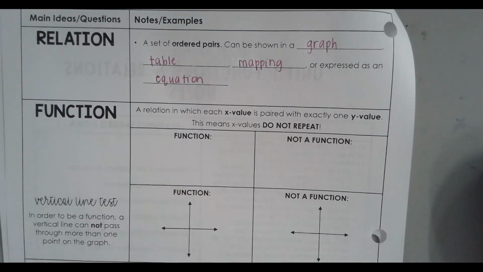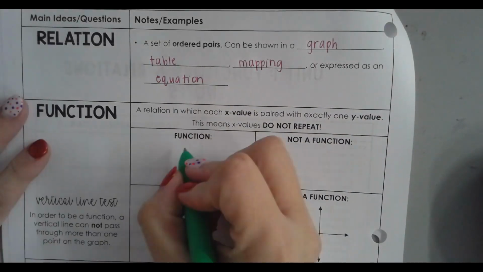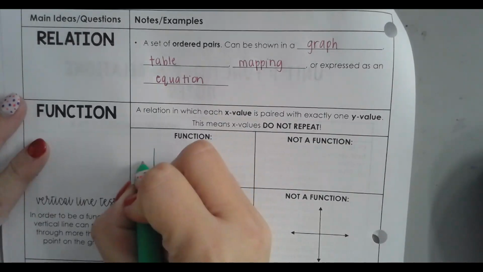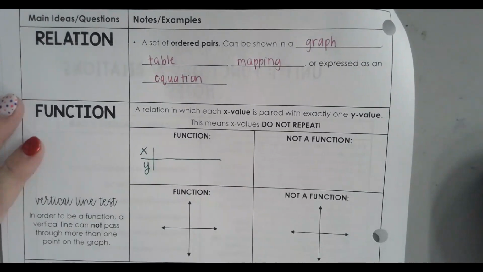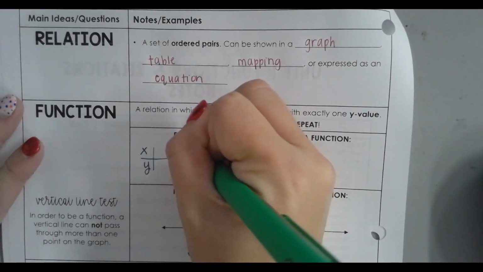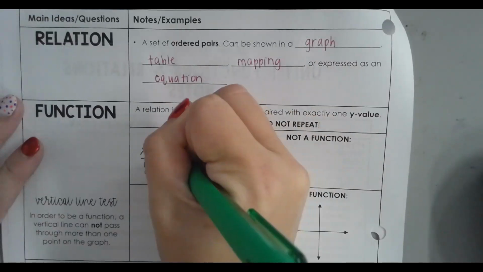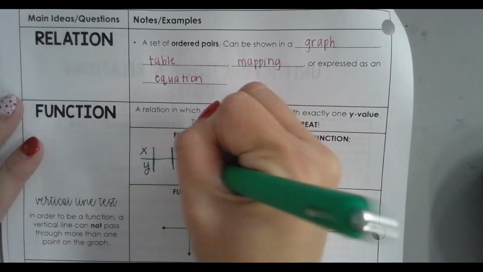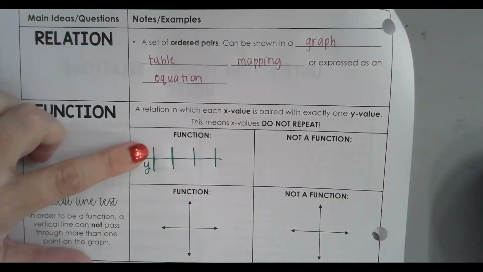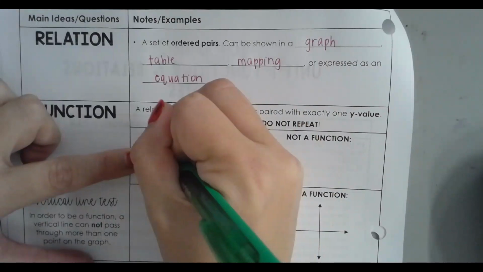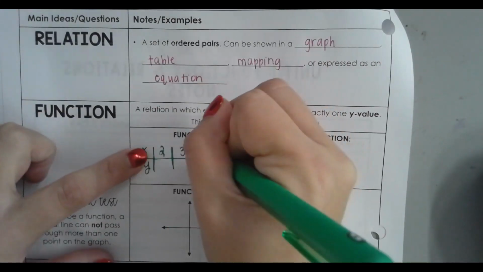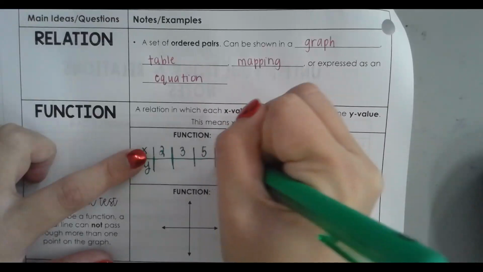So, for example, I might make a table, and I'm going to make it a sideways table. You might not be used to that. If you don't like it sideways, you can go up and down. But I might have x values of 2, 3, 5, and -1.